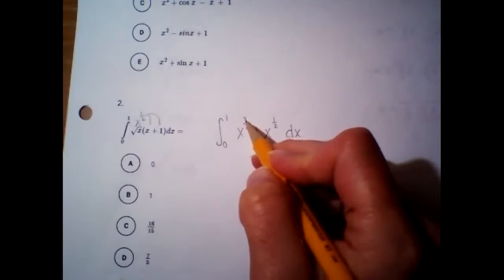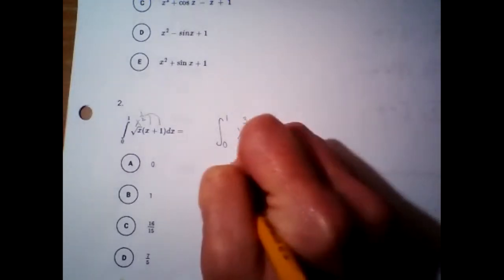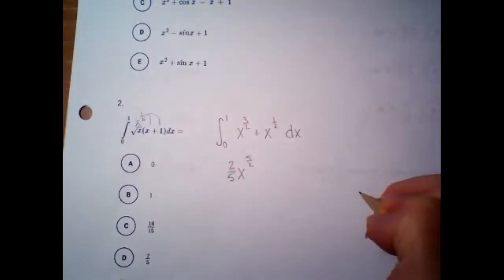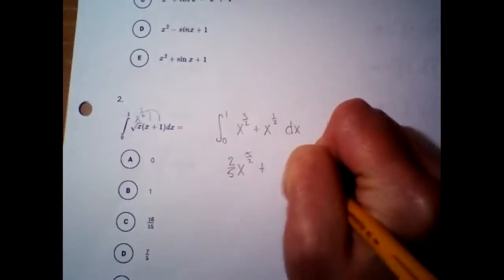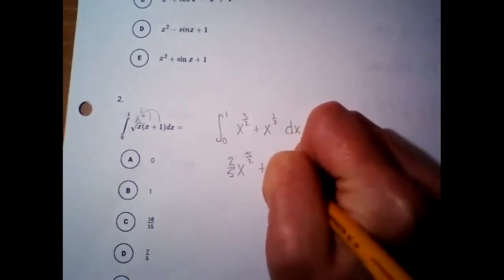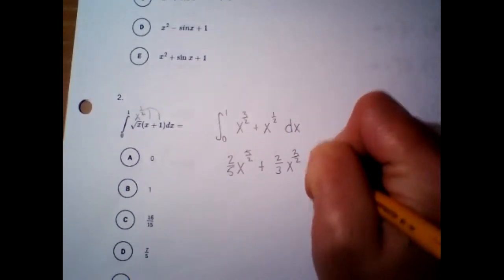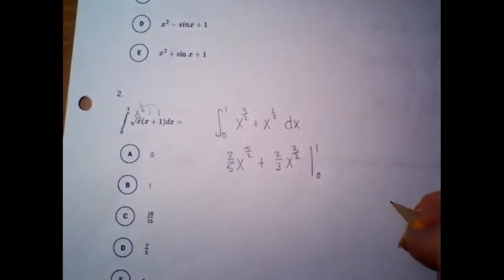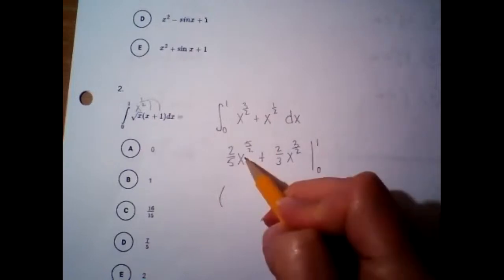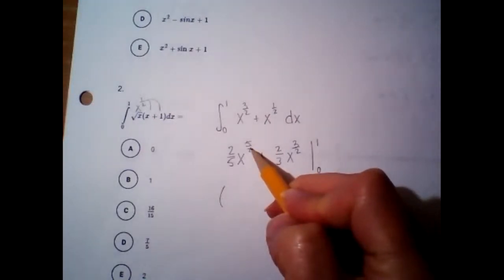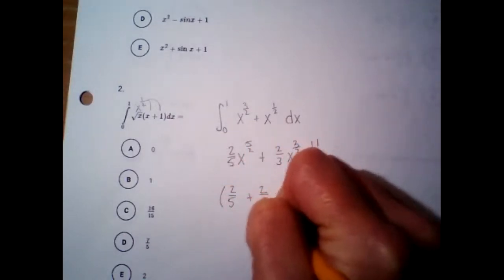All right, so if we add 1 to this power, that will be 5/2, and so a 2/5 out front. And then for this one, if we add 1 to the power, we will get 3/2, and then a 2/3 out front. No plus c, because we're going to actually get a numeric answer. So plugging in 1 to any power is just going to be 1, and then times 2/5, and same thing here.